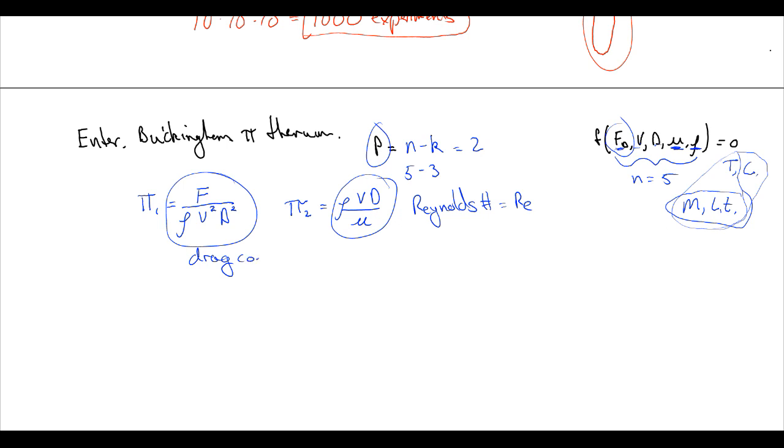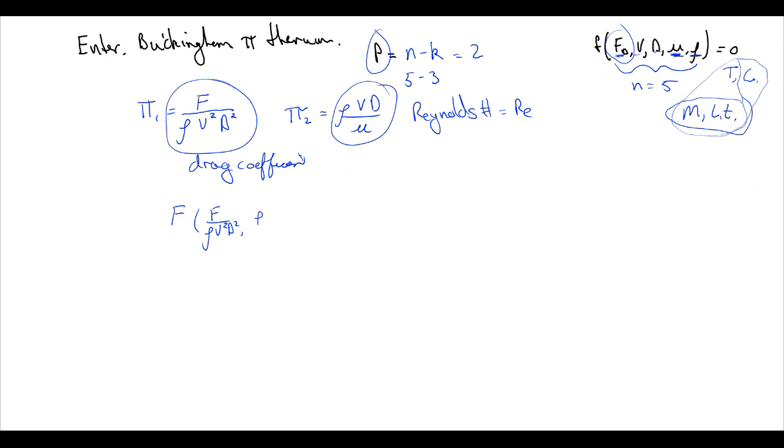And what the Buckingham Pi Theorem tells us is that some function exists of our drag coefficient and our Reynolds number that completely characterizes our system.